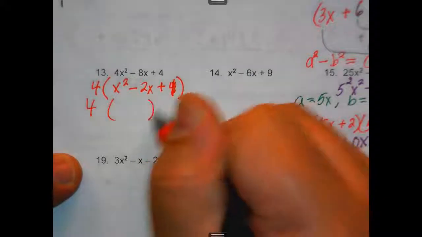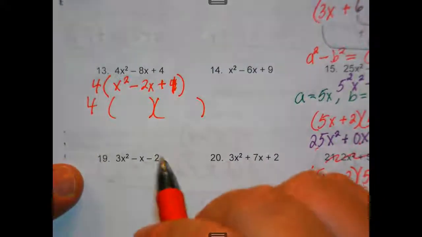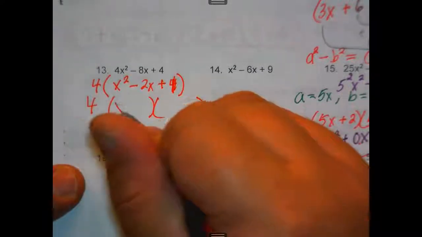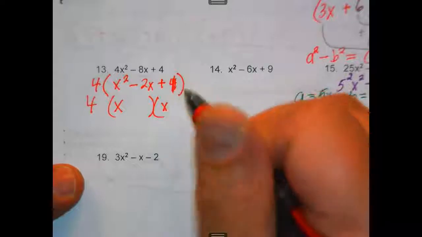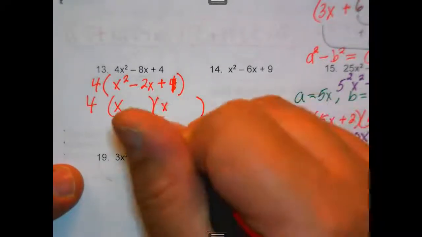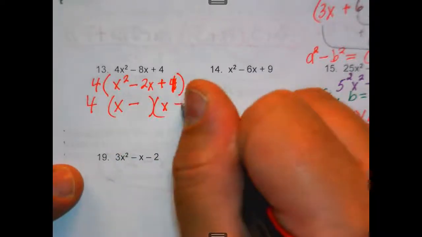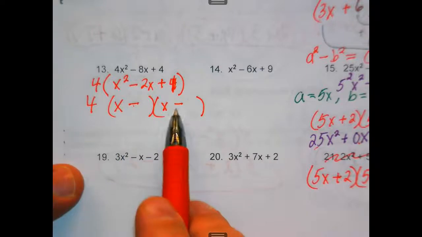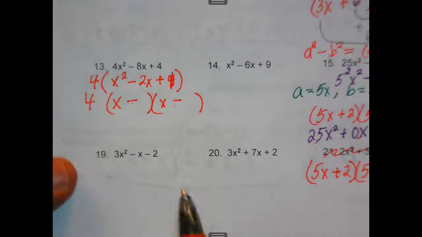Okay, so I get, what's x times x? X squared. What's my signs? They multiply to a positive, but add up to a negative. Minus, minus. Minus times a minus is a positive. They add up to a negative. What's the only way I can get 1?